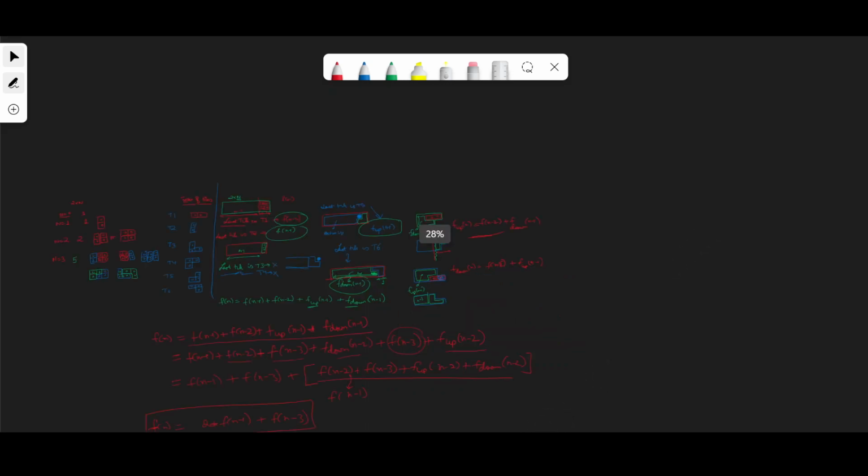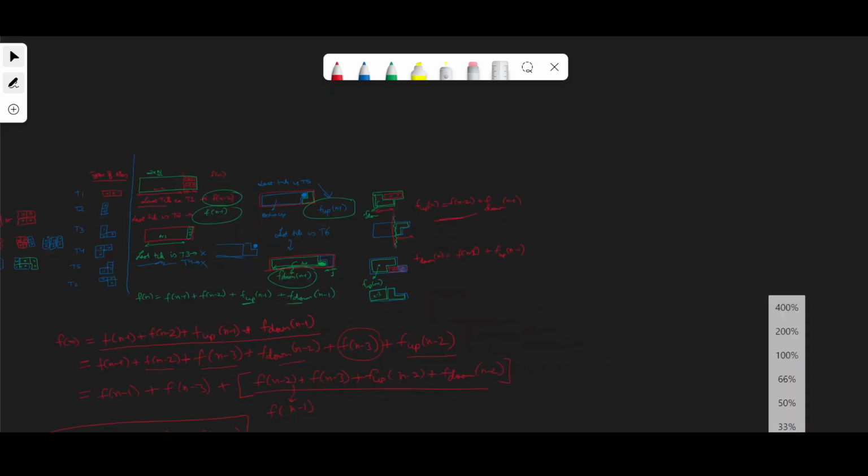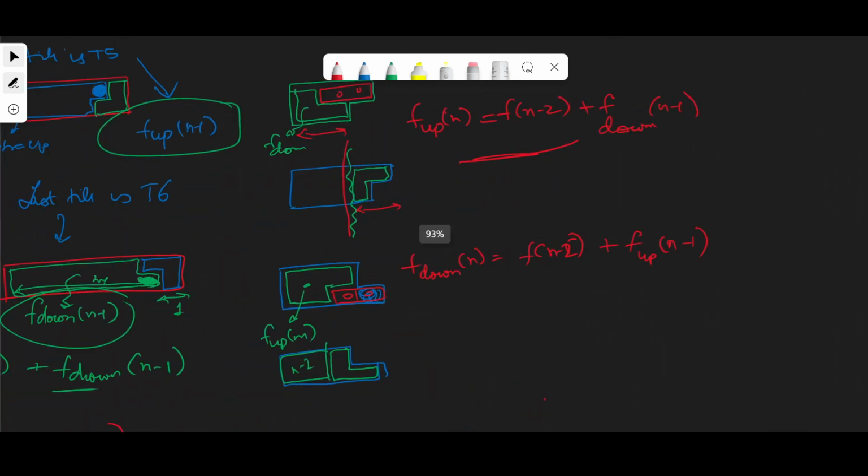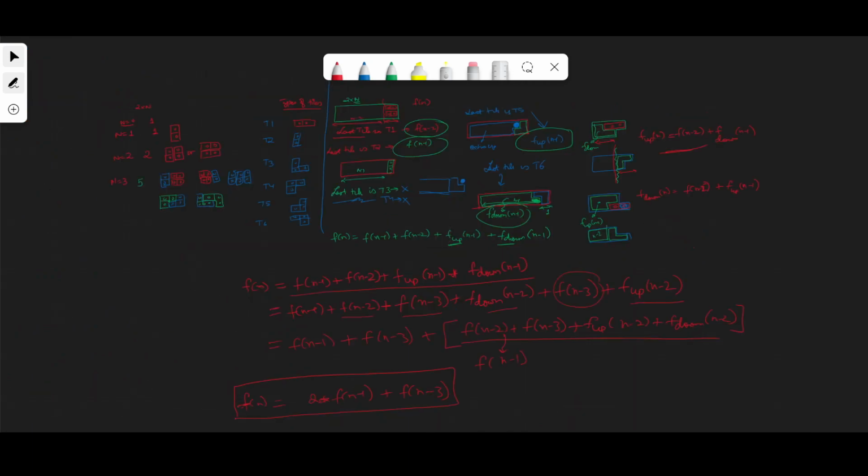We had to first check what are the different last tiles, and then based on that we had to first come up with this relation. And after that we had to come up with what is the meaning of f up and f down, and finally build a relationship among everything and come to this final equation. All right.